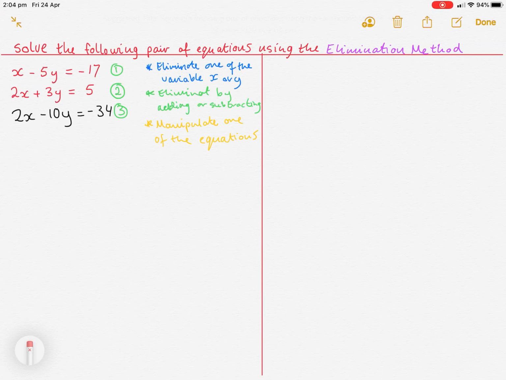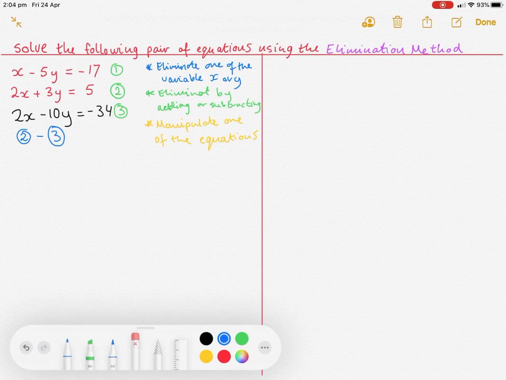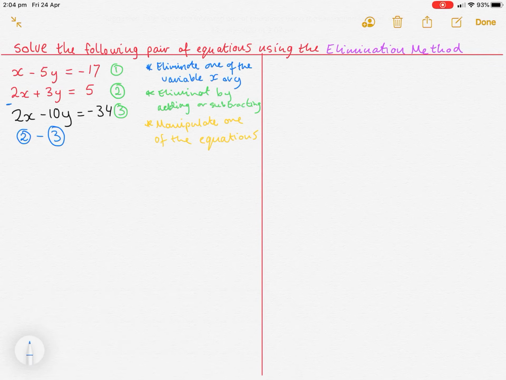So now we've got these two equations, and because we've got 2x the same, what we can do is subtract them from each other. If you get your second equation and you subtract your third equation, that's going to help us. So we're subtracting number 2 minus the third one.